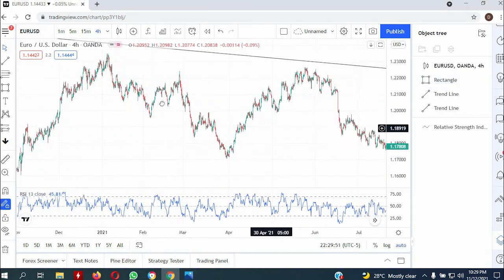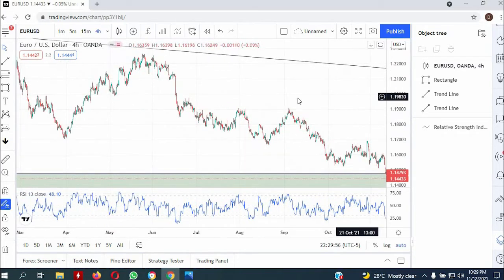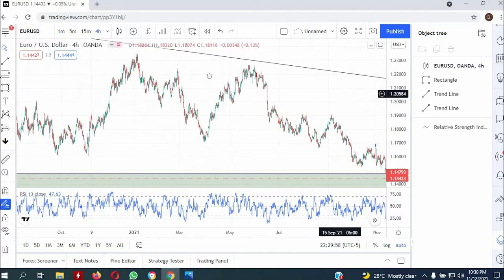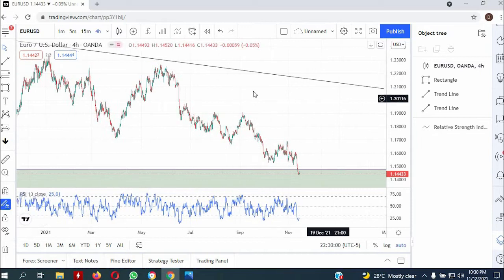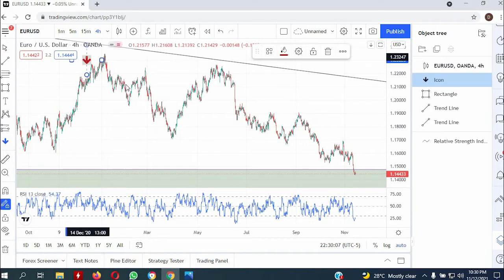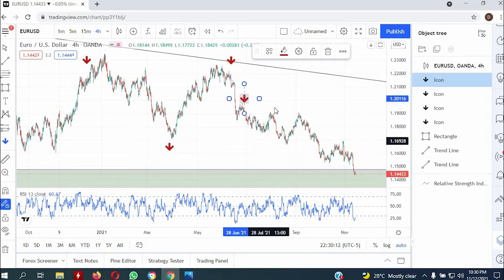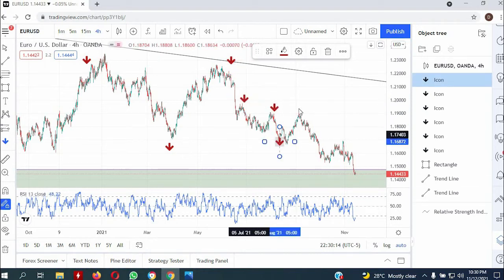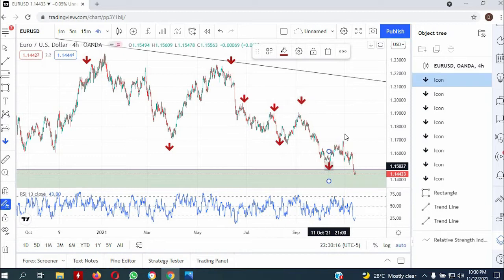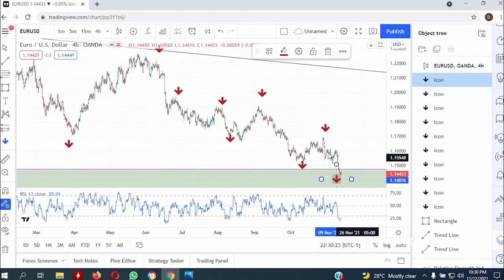So the 4-hour is showing a strong bear trend, creating lower highs and lower lows, right?